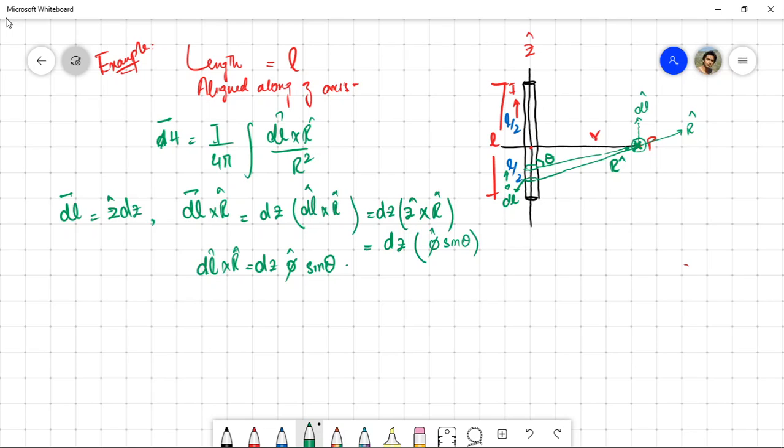This is not dh because we have mentioned an integral here. This is h. We put all of these values into the above expression: I over 4 pi integral dl across r, which can now be written as phi hat sine theta dz divided by r square.